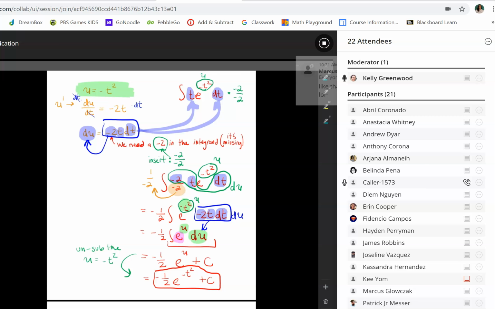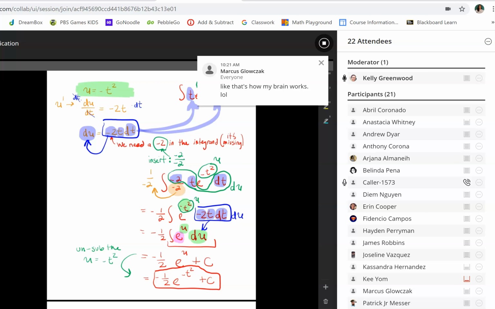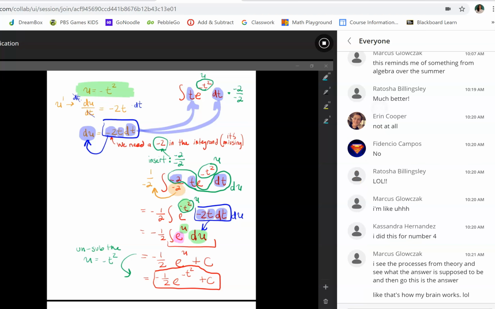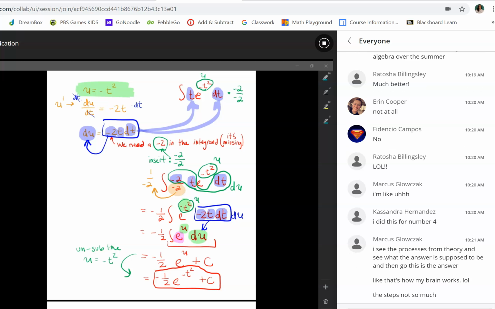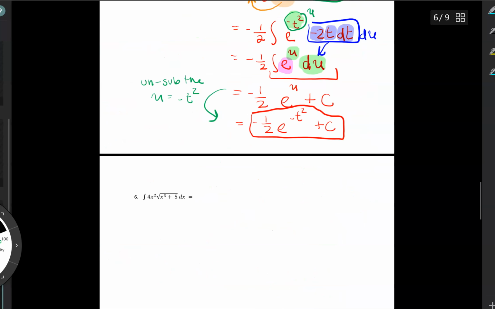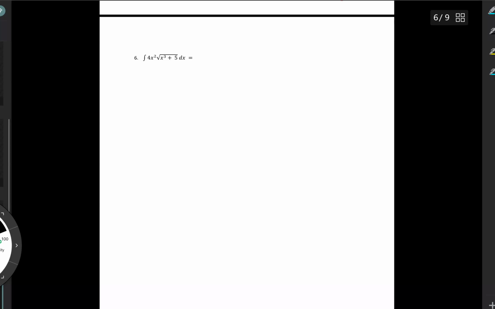Okay, we are at our limit for today. So obviously, oh, Marcus, yeah. There you go. Whatever, just figure out this weekend how your brain works. I'll send out an email of what problems you should be able to do so far. I'll make a video for number 6 separately, because number 6, all you would have to do on number 6 is, actually, I want to do number 6 with y'all next class.